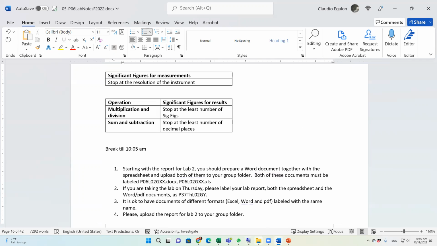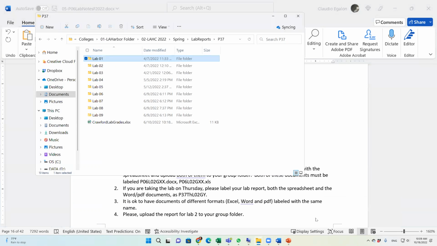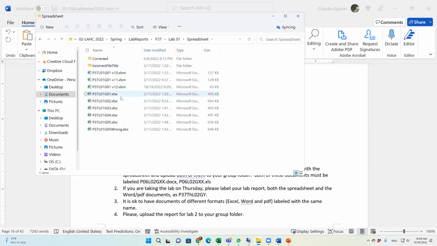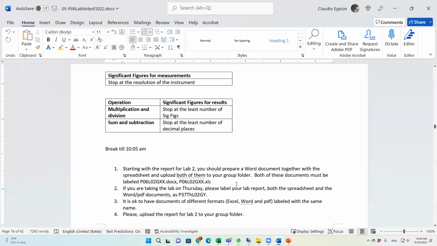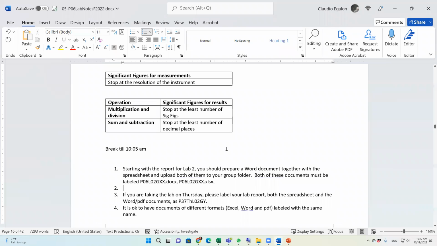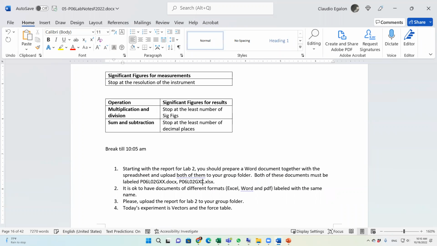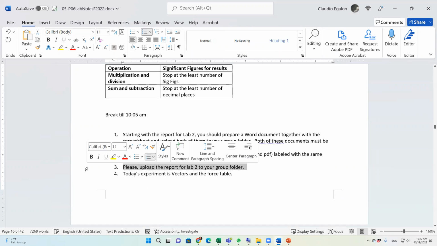The Excel document that you upload has an XLSX extension, the spreadsheet. So don't worry about having them the same title because they have a different extension. It's okay to have documents of different formats labeled with the same name.